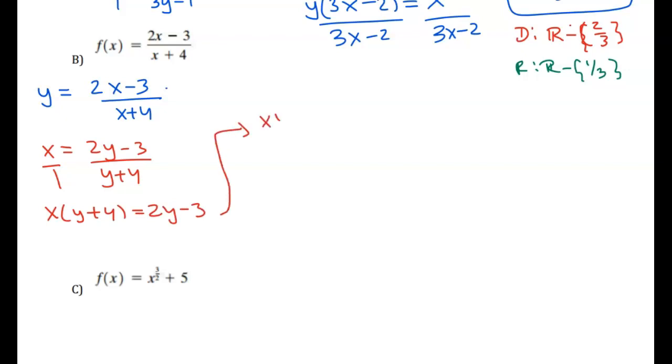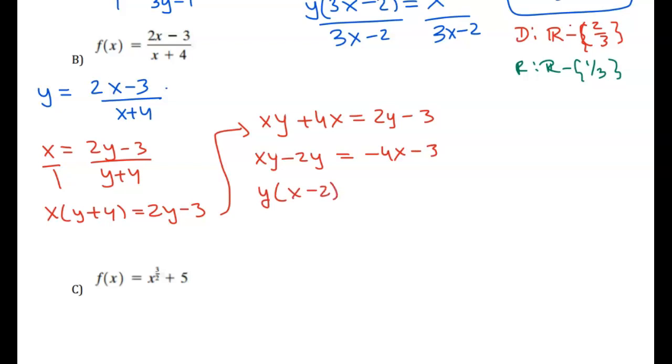Let's distribute the x. xy plus 4x equals 2y minus 3. And move things so y's go together. So xy minus 2y equals negative 4x minus 3. Factor out the y. And then divide by x minus 2.